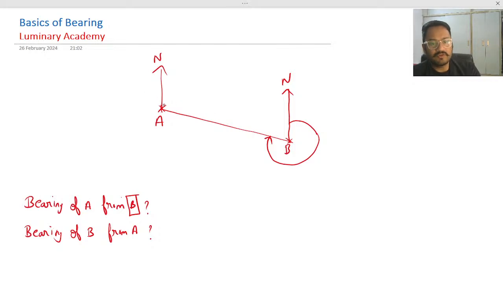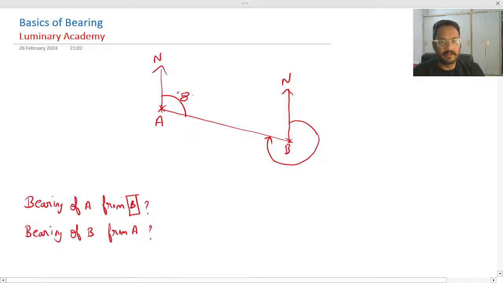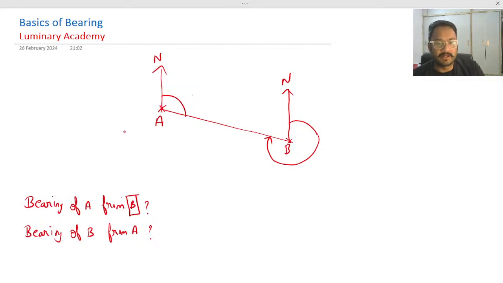Suppose this angle is given to you, let's say 80 degrees. No, it cannot be 80, it is more than 80. It is just an example, so I can take it as 120 degrees.